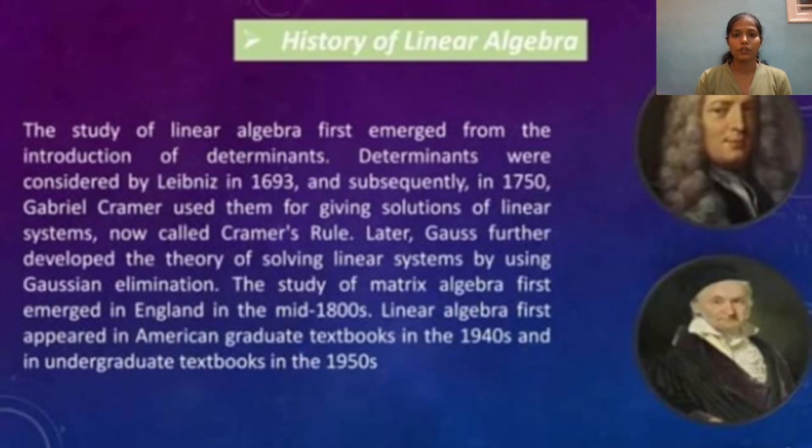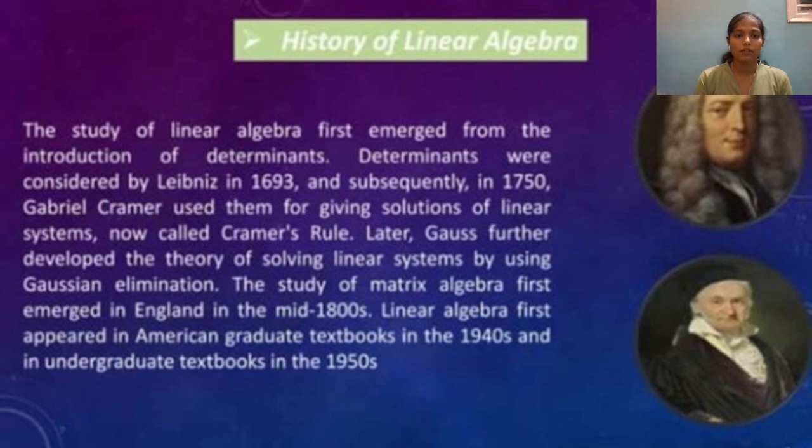Let us see the history of linear algebra. The study of linear algebra first emerged from the introduction of determinants. Determinants were considered by Leibniz in 1693 and subsequently in 1750, Gabriel Cramer used them for giving solutions of linear systems, now called Cramer's rule.